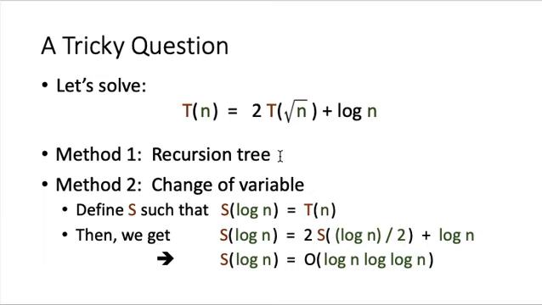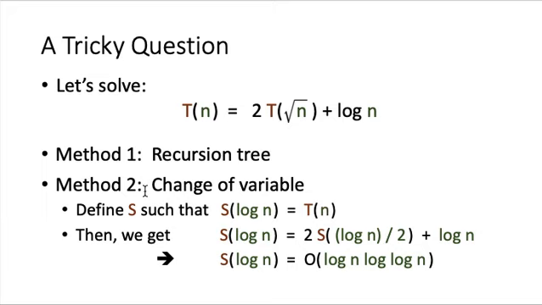Using the recursion tree, you can draw out how many levels you have, but you need to count the number of levels carefully, and then what are the terms to be added in each level. Interestingly, you'll find that the term added for each level turns out to be the same as this term, log of n. And the difficult part for this problem is, what is the number of levels? If you can count this correctly, then you get the answer.